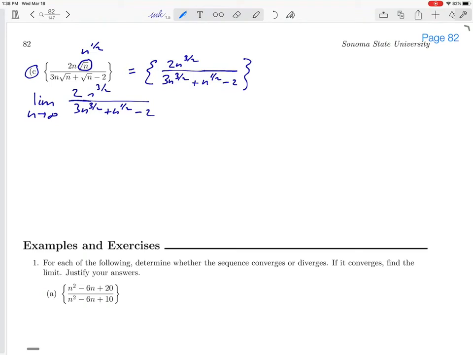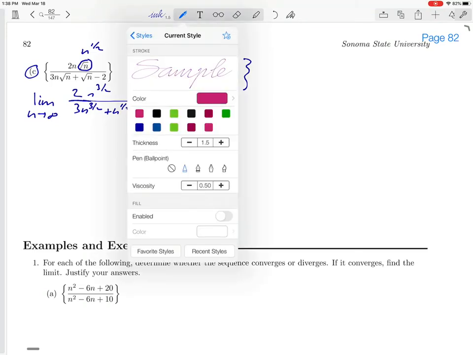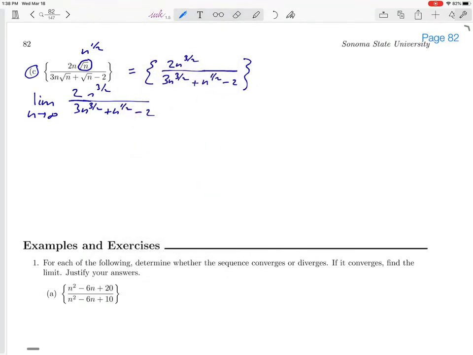The way that the dominant power method works is that we look at the denominator and find the thing that's growing the most rapidly as n gets big. In this case, it's the n to the 3/2. And we're going to multiply the top and the bottom of our fraction by 1 over that.